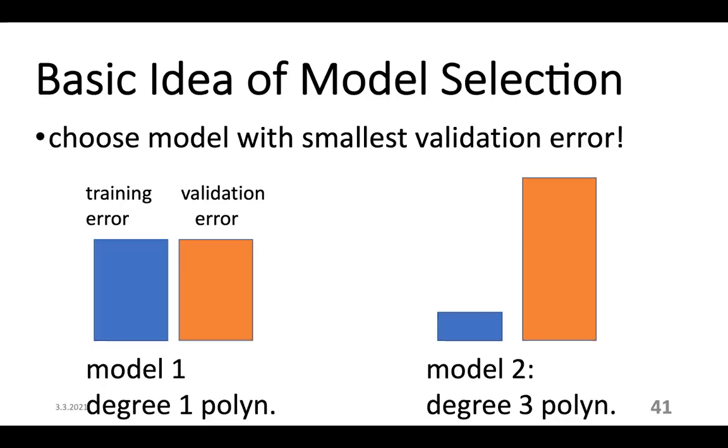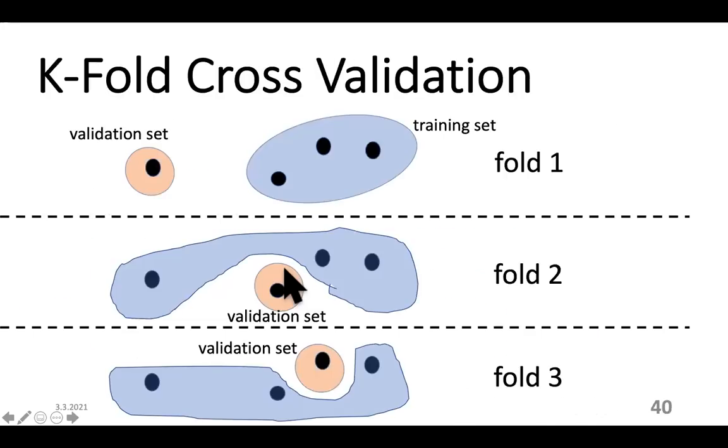Then another question: which of the splits to choose from the k-fold cross-validation? Or train the model with all splits? Yes, so you don't choose any single split. This is a whole procedure. You go over all possible splits.